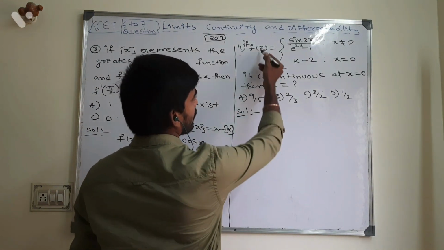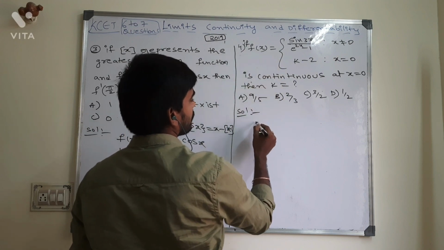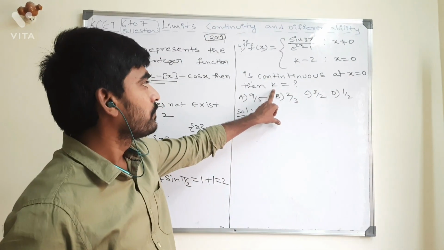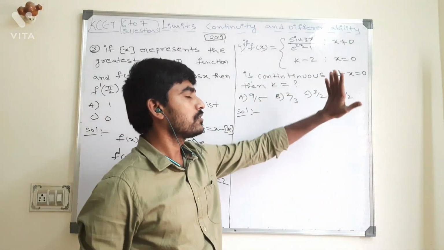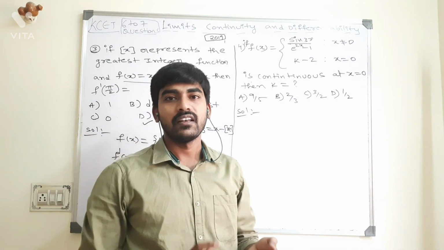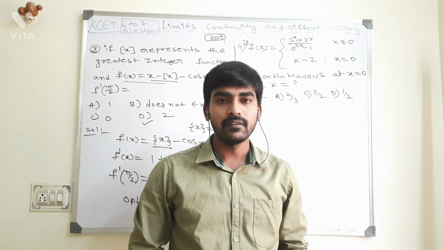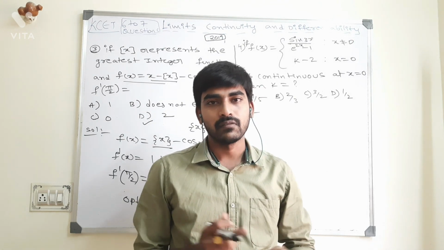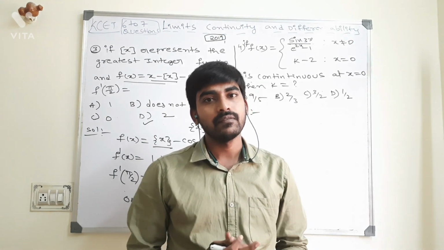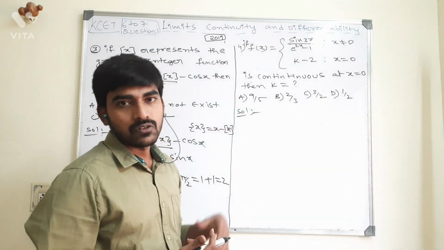This one, solution now. F of x they have given to you. Now I would like to find the k value. This is continuous at x equal to 0. They are telling it is a continuous function. If it is continuous, left hand limit and right hand limit are all equal, so the limit is going to exist. Once the limit exists, we can equate the things.